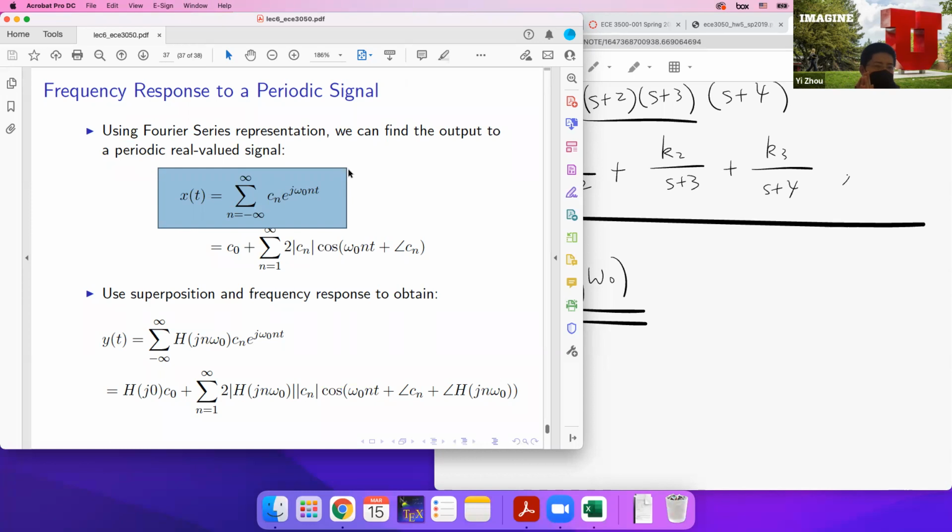And then for the Fourier series, each of the eigen signals is an exponential or sinusoidal signal, and we know the system response to these standard sinusoidal signals in an LTI system. So this is how we analyze the response to a periodic signal.